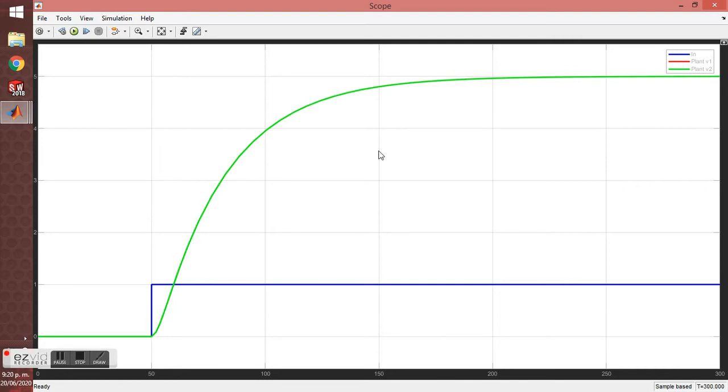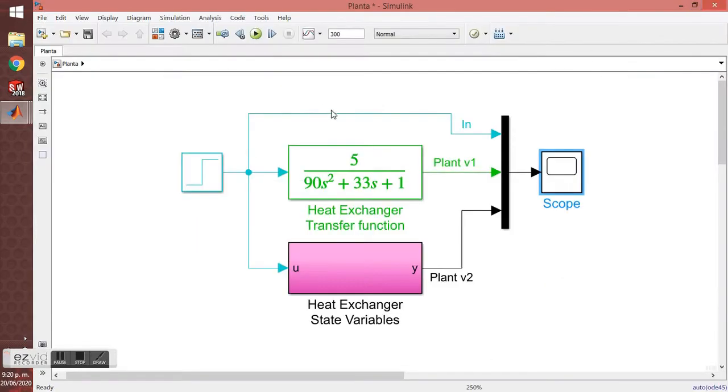Here we have an input of 1 and the response of plant V1 and plant V2, both transfer function and state variable. Here we can see it is the same, so it was the result of our plant.